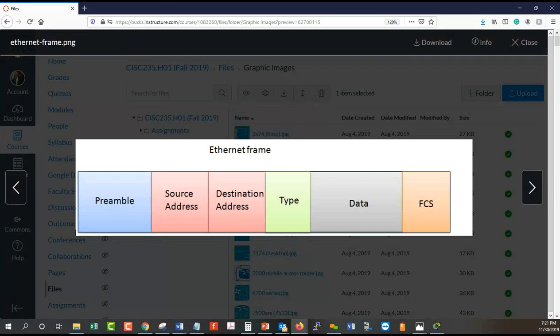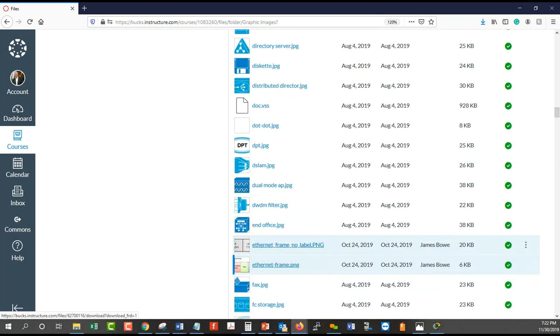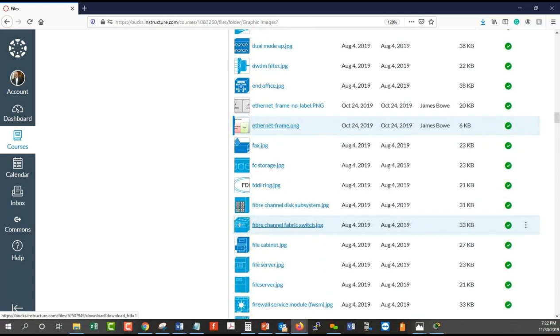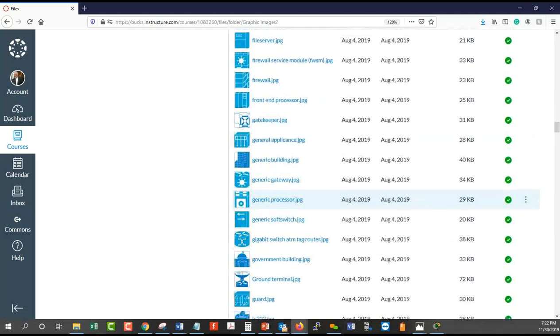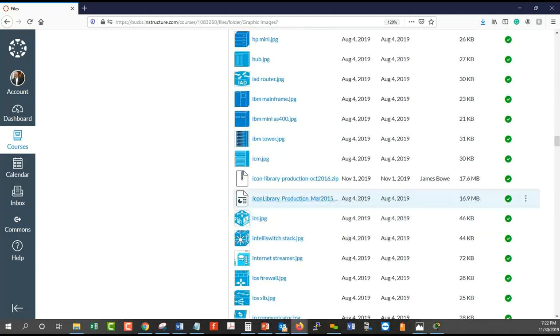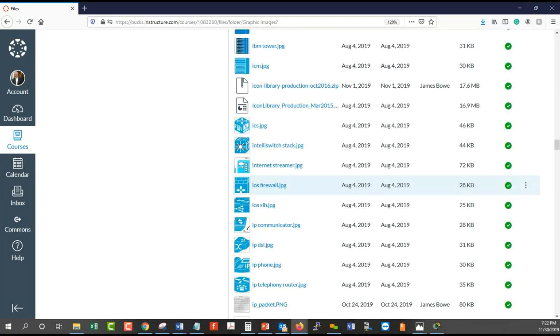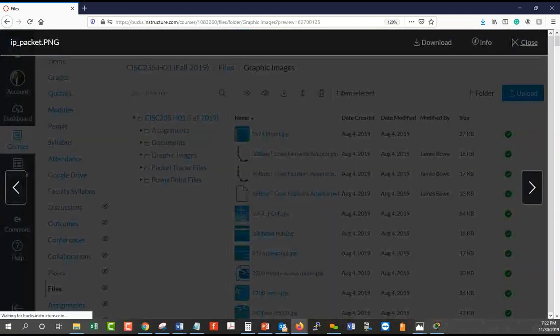And then the last one that we have to find is, let's find an IP packet. And that's probably down here. Here it is, IP packet.